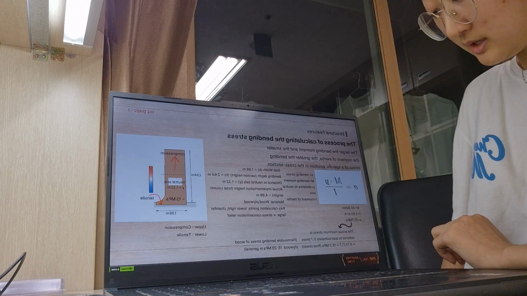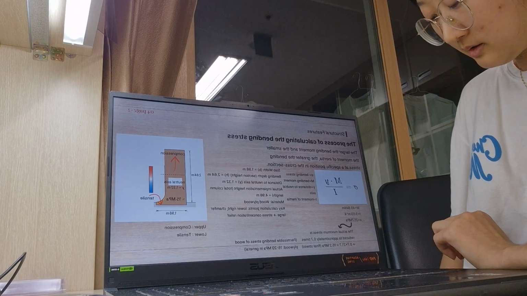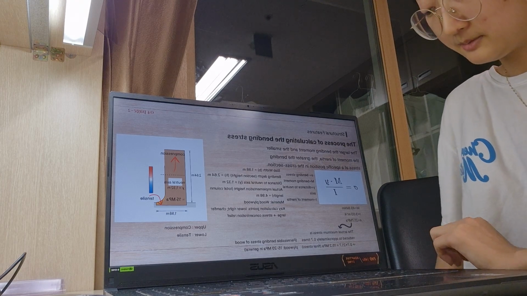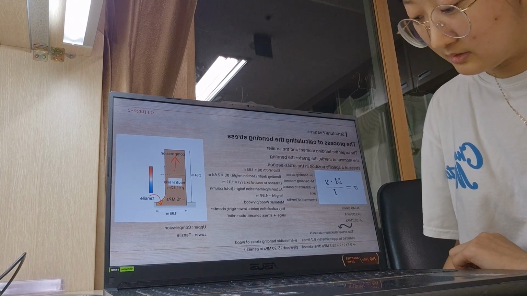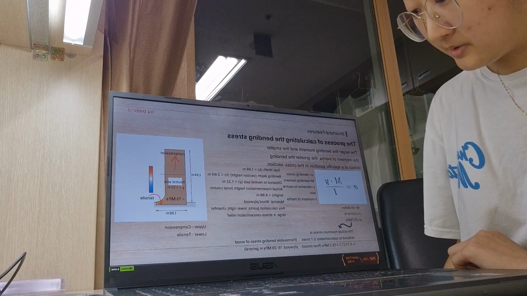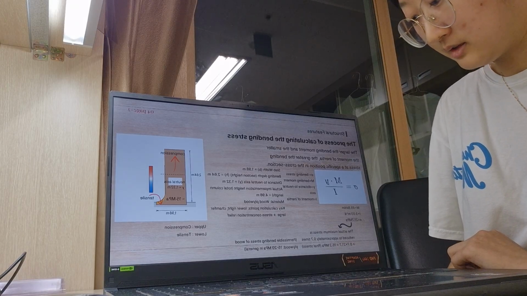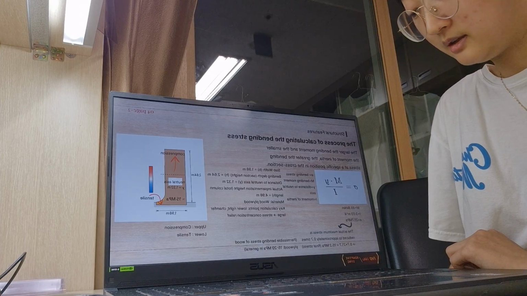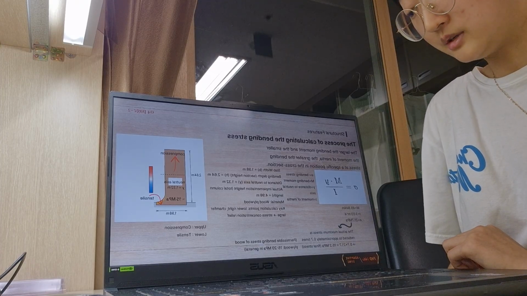The final stress is 15.2 megapascal. The allowable bending stress of plywood is 15 to 20 megapascal in general.